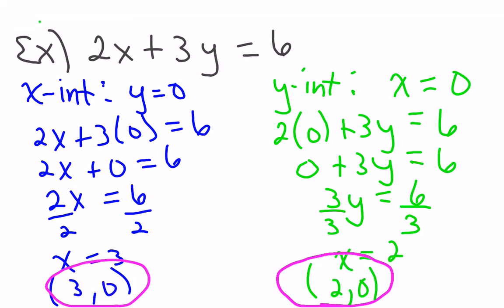Okay. What I need to erase is this because I wrote x instead of y. So we have y equals 2. It's at the point 0, 2. There we go. Okay. So these are 2 points that we want to graph, and that's how we could graph this line. So if it said graph using intercepts, then I can use these 2 points, 3, 0 and 0, 2. So let's take a look.